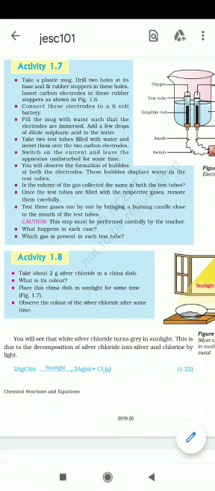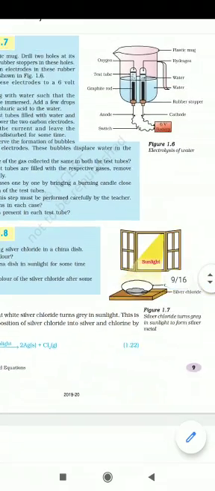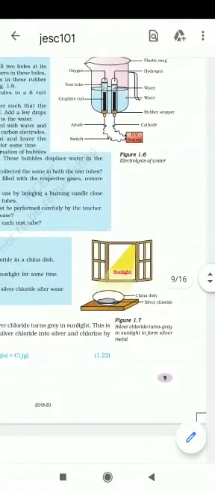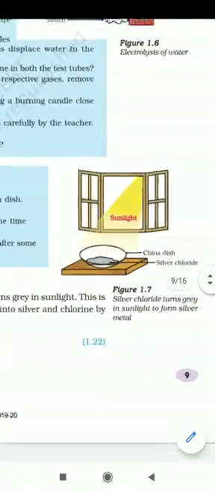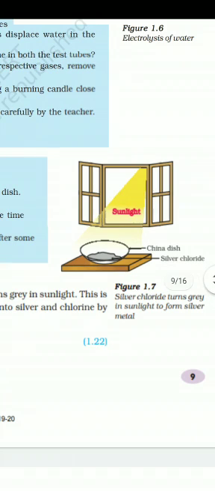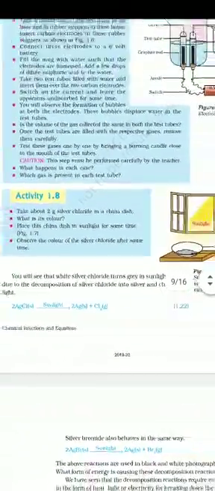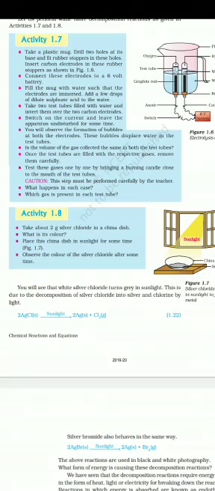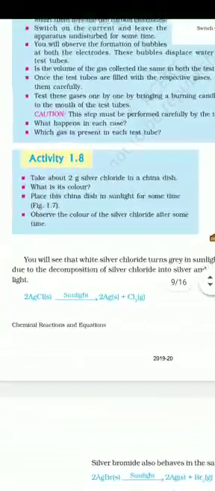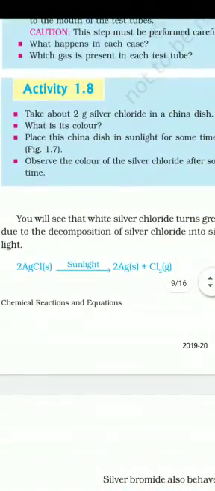Now the third one is photolytic decomposition. Children, in this diagram you can clearly see that silver chloride and silver bromide are exposed to sunlight. What happens when we expose silver chloride and silver bromide to sunlight? Silver chloride is converted into silver and releases chlorine gas.